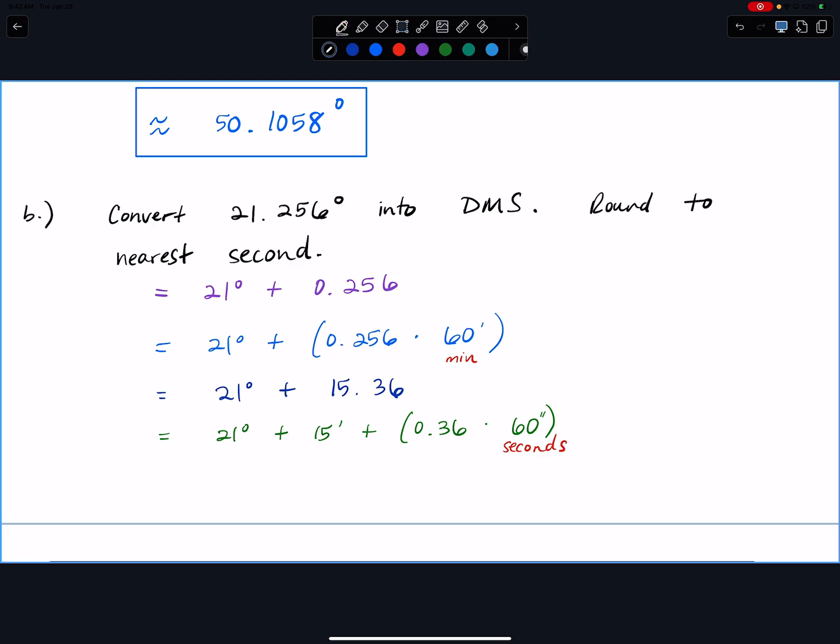Okay, so if I do that, I get 21 degrees, 15 minutes, and then round this to the nearest whole number. Actually, it might be a nice number. Is it a nice number? What is it? Oh, 21.6. So what is that to the nearest whole number? 22. So 21 degrees, 15 minutes, 22 seconds.